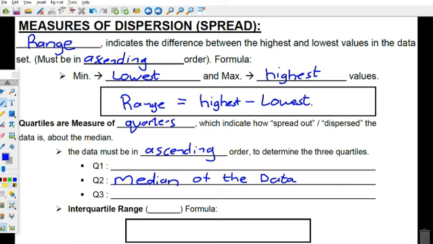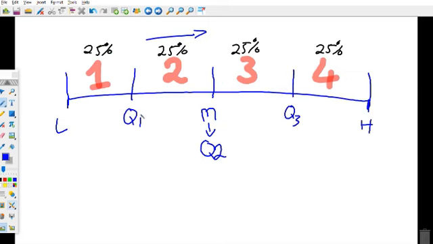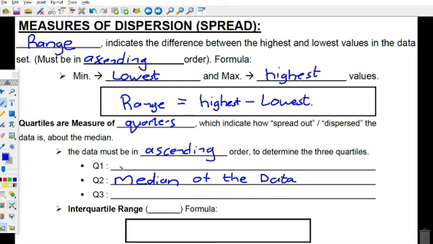So what does my Q1 do? Here's my Q1. It splits the bottom half into 2. When you split something into 2, what have you found? You found the median, the middle. So the Q1 is the median of the lower half.